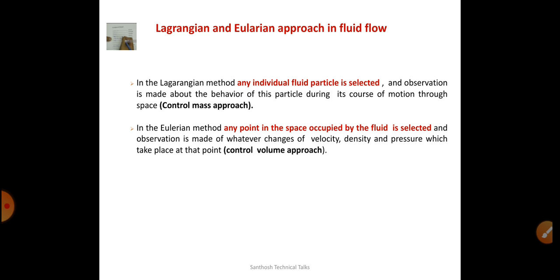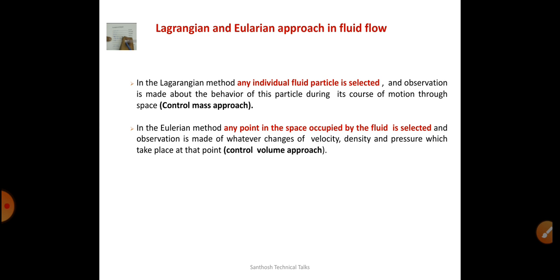So the Lagrangian approach is a control mass approach, since each and every fluid particle is selected for studying the motion parameters. The Eulerian approach is a control volume approach. Any point in the space occupied by the fluid is selected. We have to know this difference well. If a location is selected, that is Eulerian. If the fluid particle is selected, that is Lagrangian.